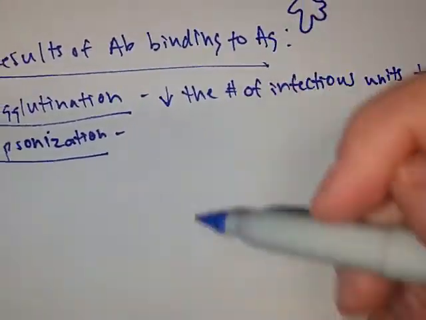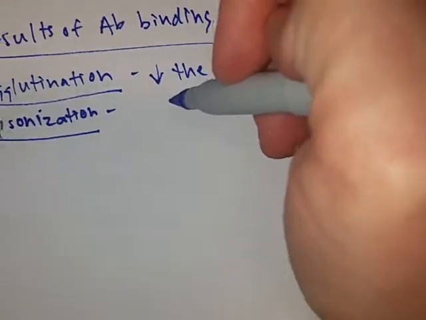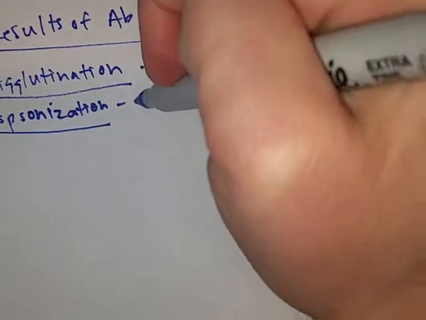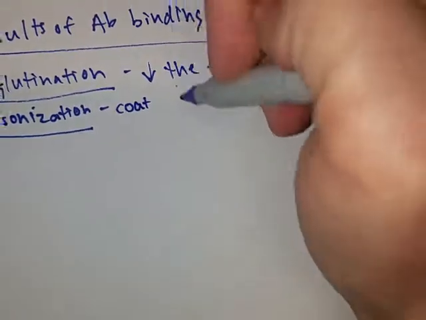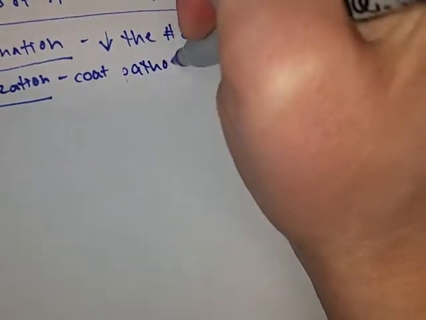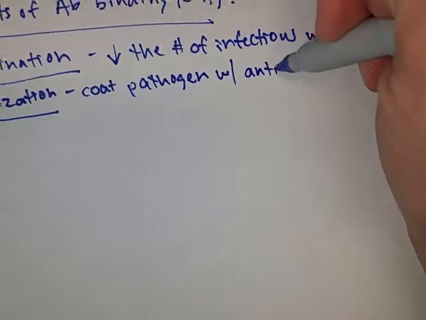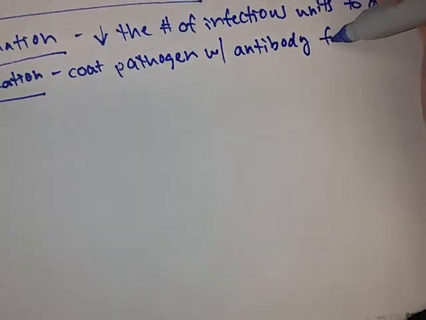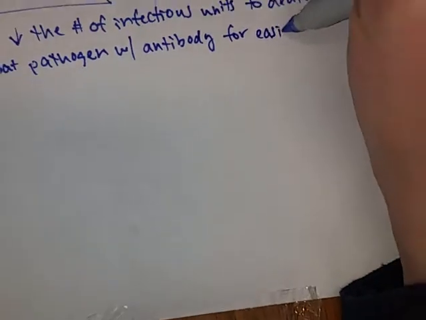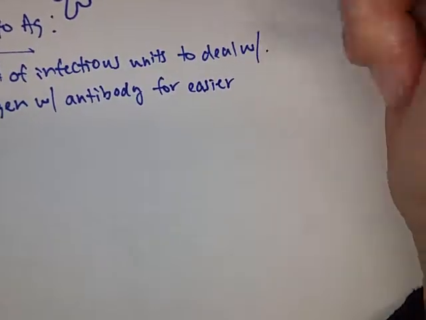Here, instead of complement protein, we coat the pathogen with antibody for easier phagocytosis.